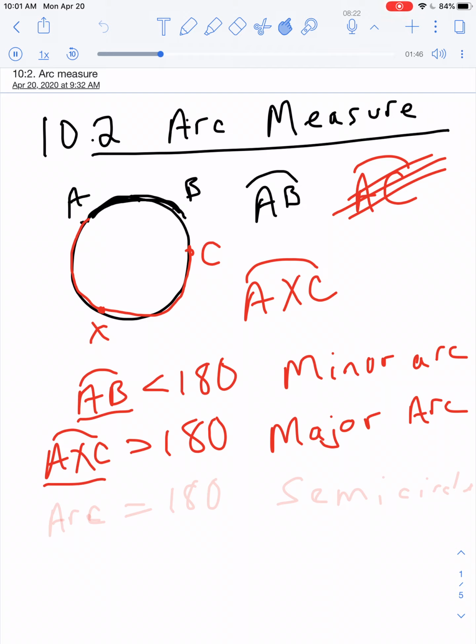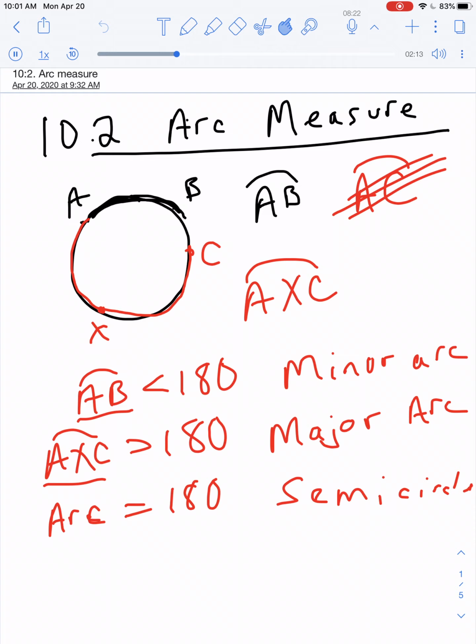If the arc is equal to 180, well, that's half a circle, right, because a full circle is 360. So we call that a semicircle. So you have minor arcs and major arcs.